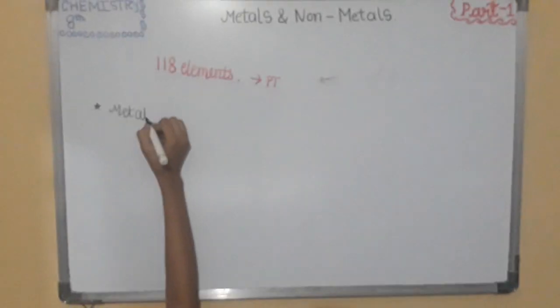There is yet another group of elements which shows characteristics of both metals and non-metals. Such elements are called metalloids. Among the total elements discovered, approximately 80% of them are metals and the remaining are either non-metals or metalloids.